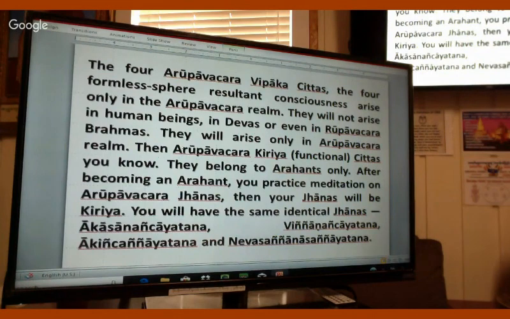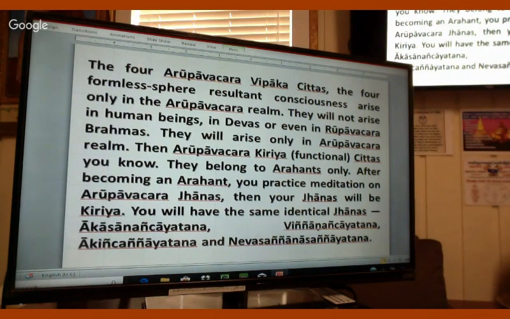And then Arupa jhana Kiriya Chitta, functional mind. Arupa Kiriya Chitta is also for the Buddha and Arahants. The Buddha didn't need to practice after enlightenment; he automatically attained the Arupa jhana as well. But some arahants need to practice Arupa jhana if they want, because those who become arahant purely by vipassana have no jhana, isn't it?